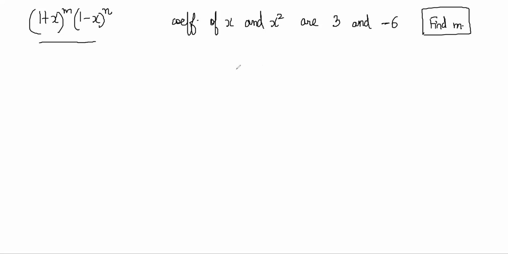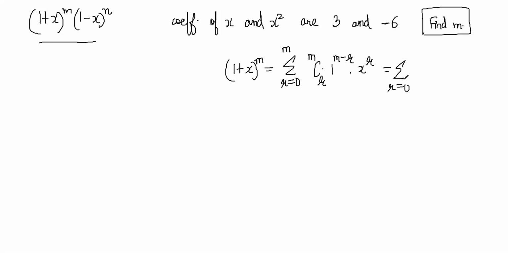Suppose you had been given the question, just expand this. You would have done the summation of r goes from 0 to m, mcr 1 power m minus r, x power r. So this is basically just the summation of r is 0 to m, mcr x power r.